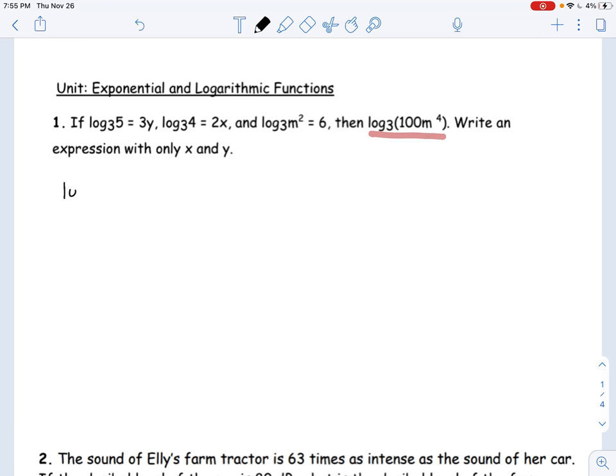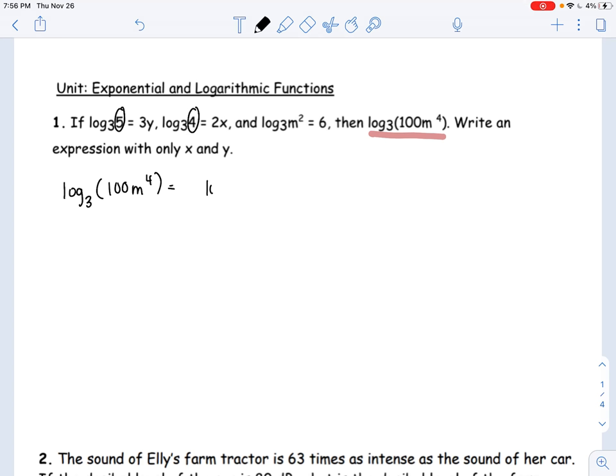So what we want to do is start by writing this in terms of these two numbers. We want to look for values that can multiply up to 100. That could be 5 to the power or 4 to the power.